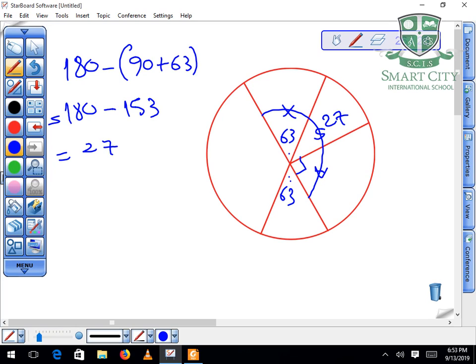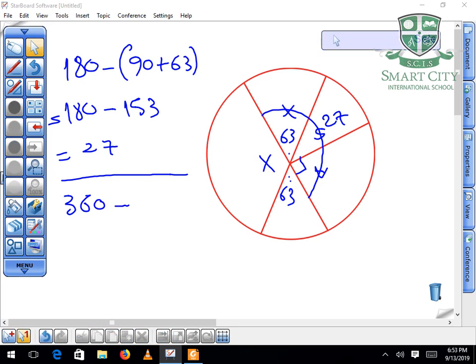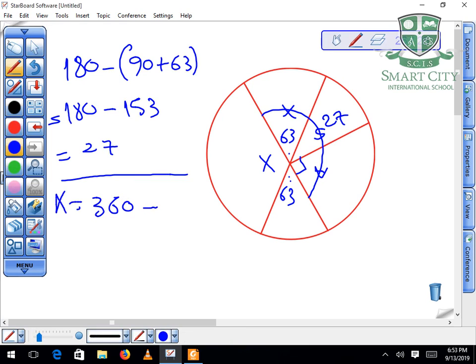So the remainder from 360 is what? This angle is x, for example. So x equals 360 minus what? The sum of the four angles, which is 180 plus 63.